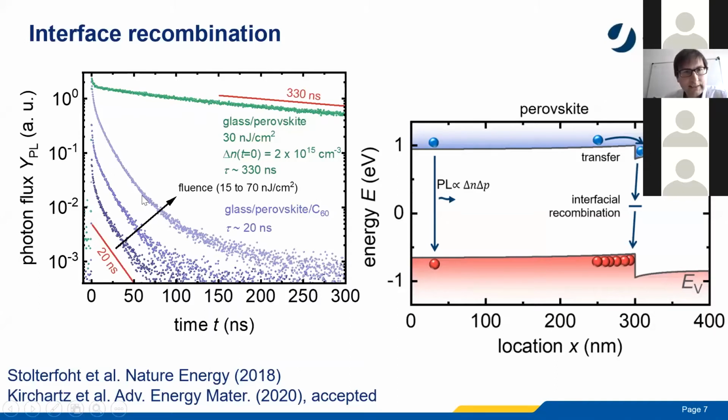But whenever you attach contacts, so electron or hole transport layers, to your samples, usually you get a substantially faster decay of the luminescence, which indicates that indeed there is recombination at these interfaces, and that recombination matters.